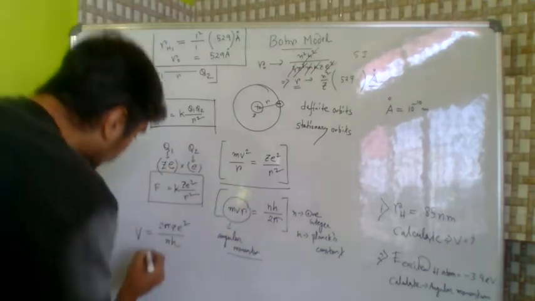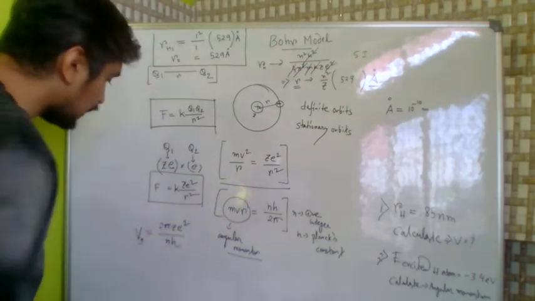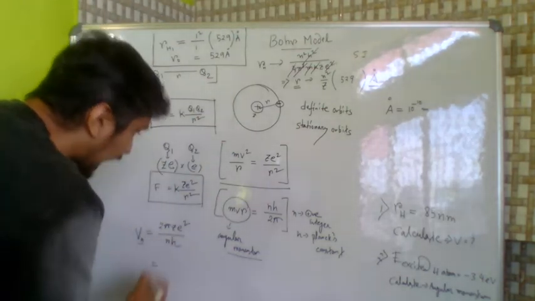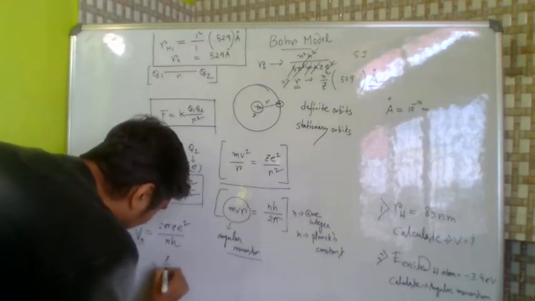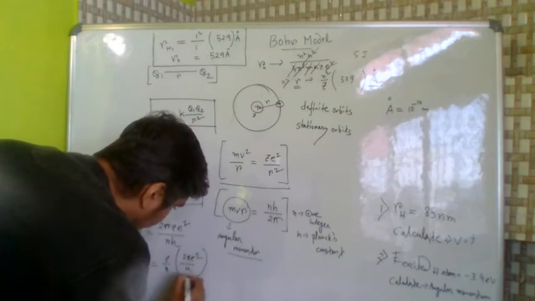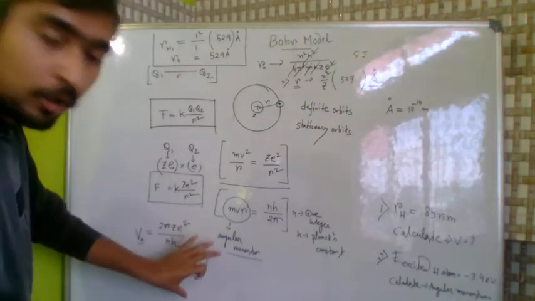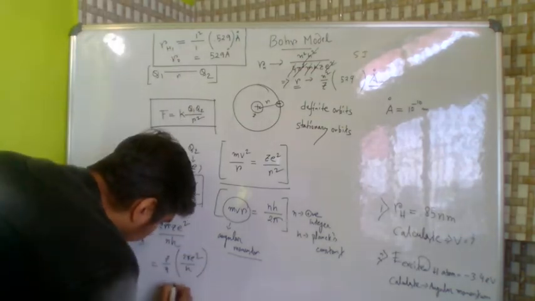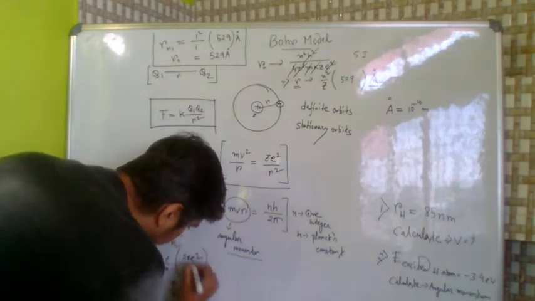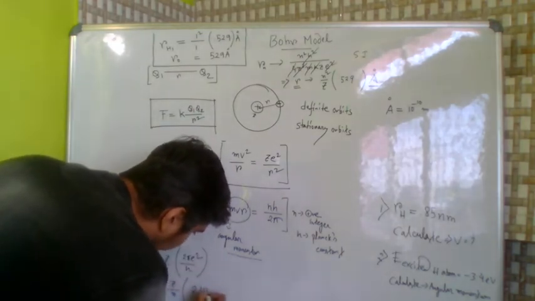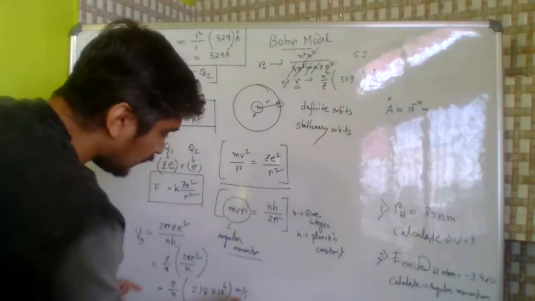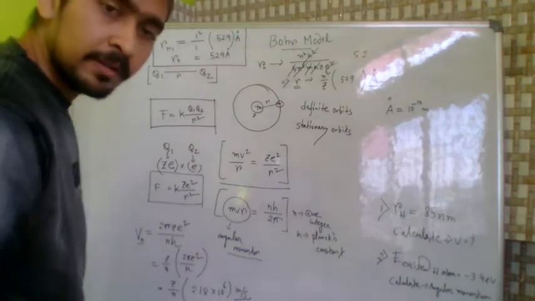This is the velocity of the electron in nth orbit. Here also we have two variables, Z and n, and 2 pi e square by h is the constant. If we put all the values in SI, we get 2.18 into 10 to the power 6 meter per second.